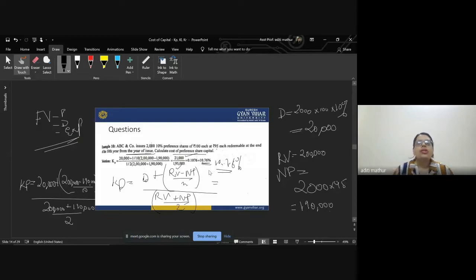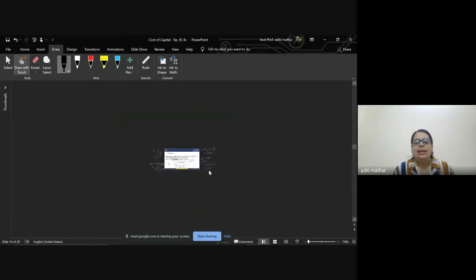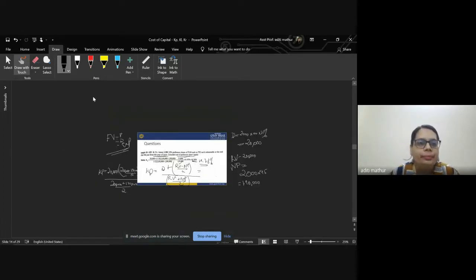Right? So you just need to know how to calculate your net proceeds, how to calculate your redeemable value, how to calculate the dividend, and you should know the formula. Rest all is very easy work. You just have to put the figures in the formula and get the answer with the help of a calculator. So let's have a quick recap on both the formulas which we have studied, that is the cost of preference share.